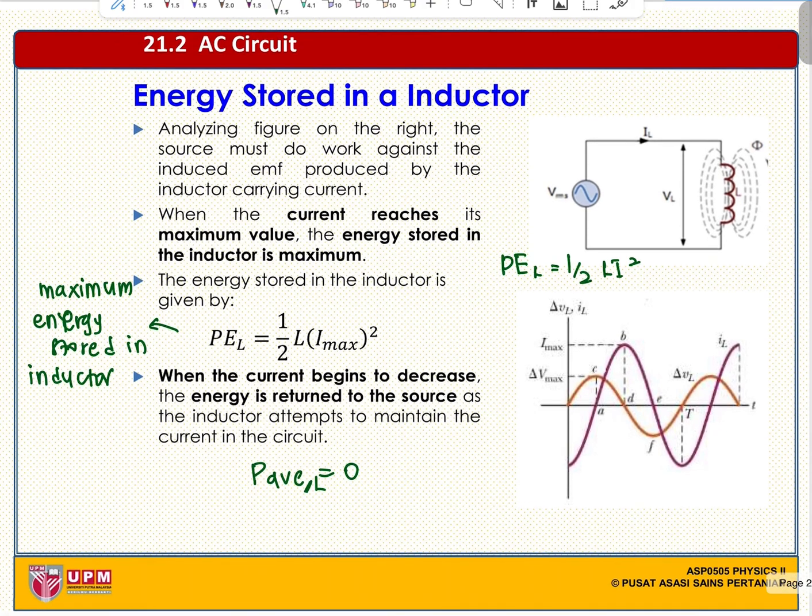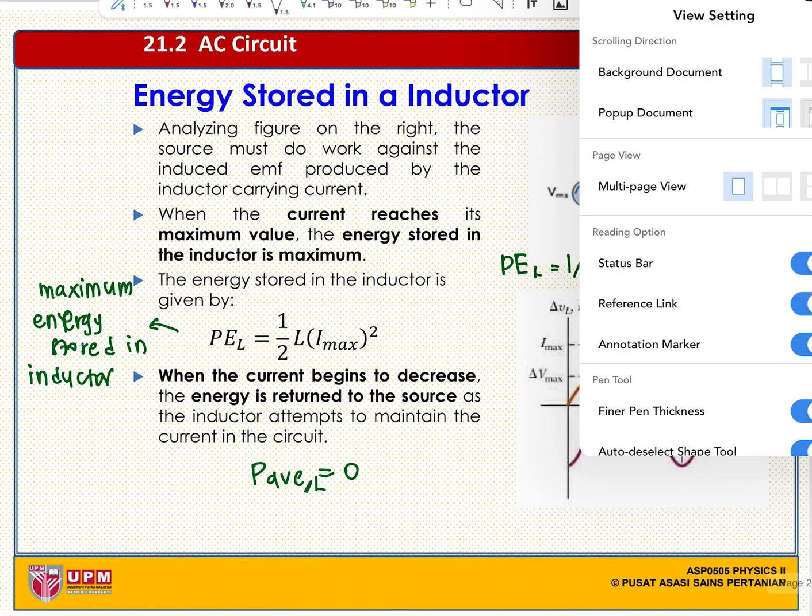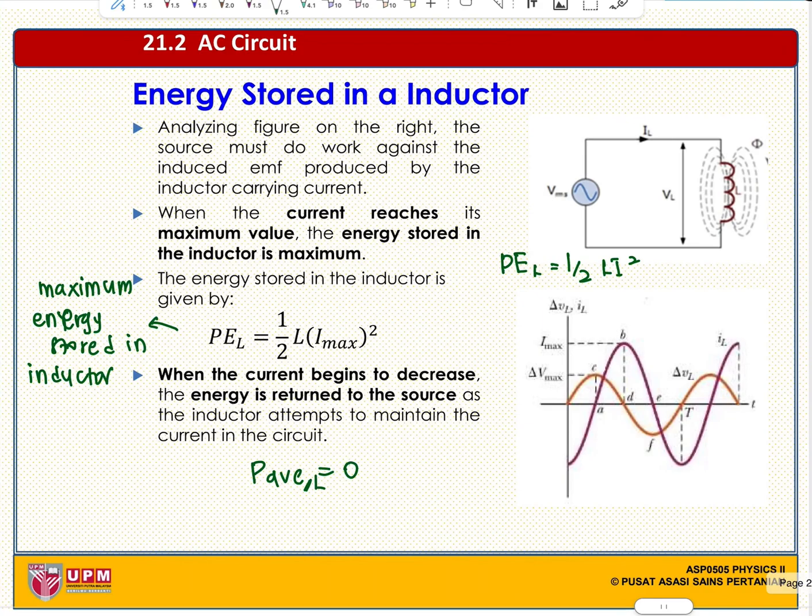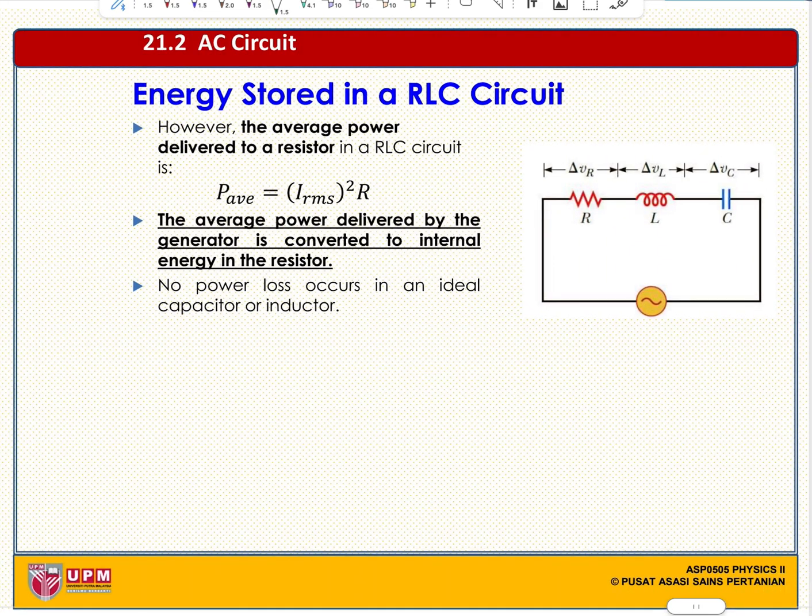However, untuk resistor, awak akan ada power yang dissipated. Macam tadi kan kita dah tengok, you have AC circuit, this is your resistor. So your current, kalau current tu flow from here pun, your current ni akan langgar juga atom-atom dalam resistor.